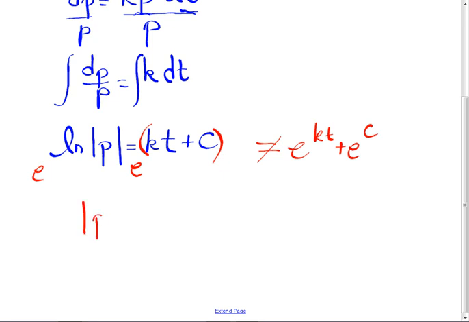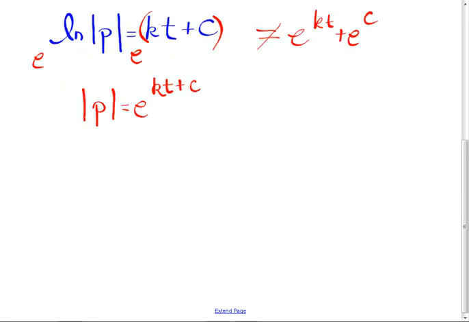This is the absolute value of P is equal to e to the kt plus c. Okay, we said this was positive, P is greater than 0. So P is equal to e to the kt times e to the c. If you're going to do BC Calc next year, Calc 2, wherever you are, you need to know your properties of exponents. Okay? That question? Is that okay?